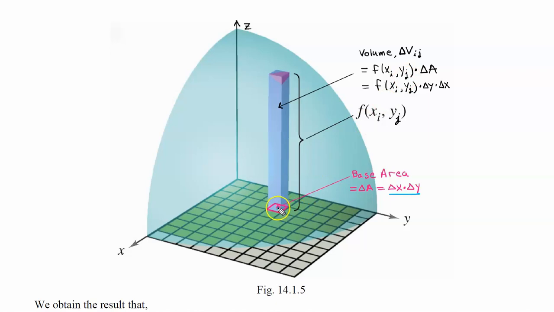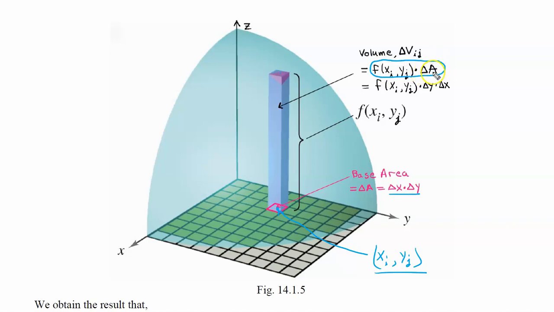You see that point right there in the middle of that box, you can think of that point as being x sub i comma y sub j. If we evaluate f of this number, that'll give us the height of this box. So the volume of this rectangular box is going to be the area of the base times its height, and that's what we have written right here.